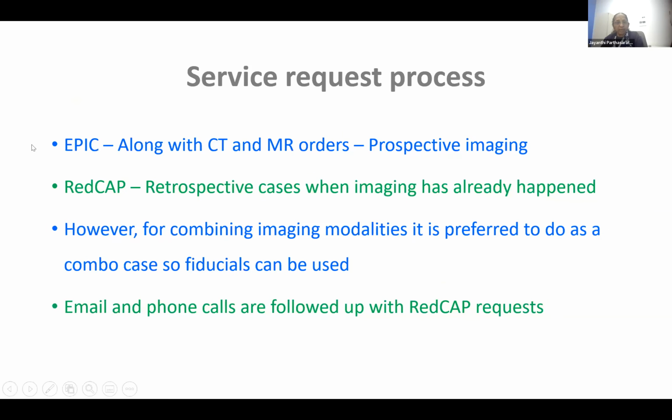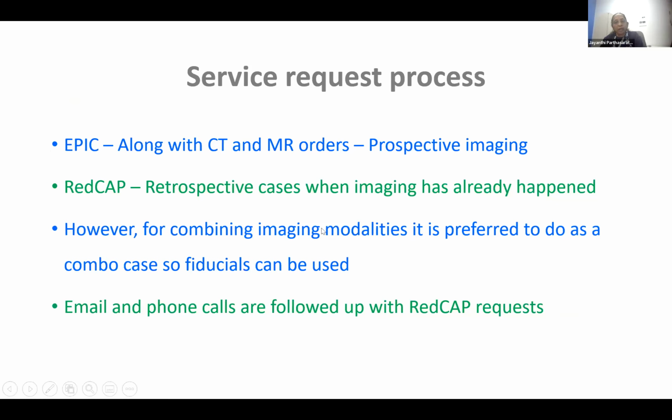Our service request comes through Epic, and this has changed a lot of our processes in the sense of a lot of validation and streamlining, making it easier, triggering off the starting points for many of the people who help us along the way, right from the request to the delivery of the model.